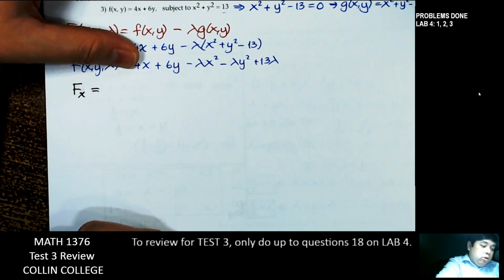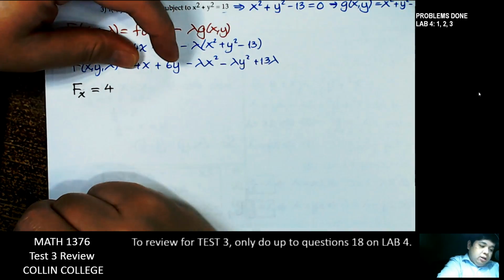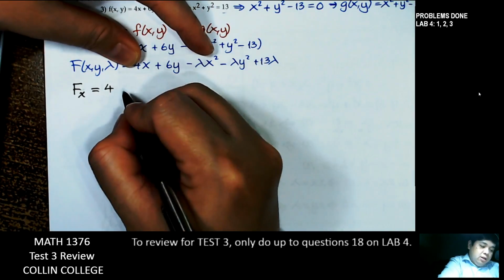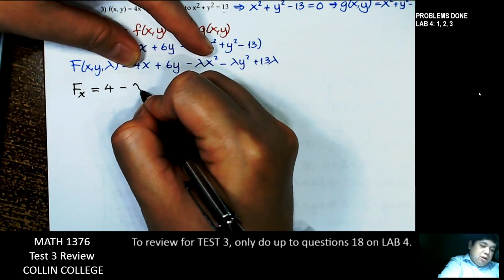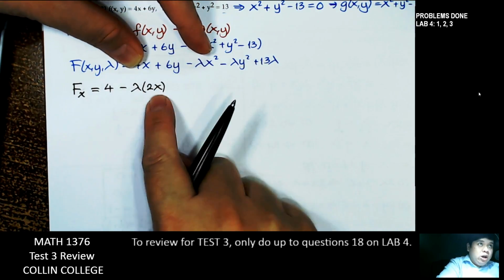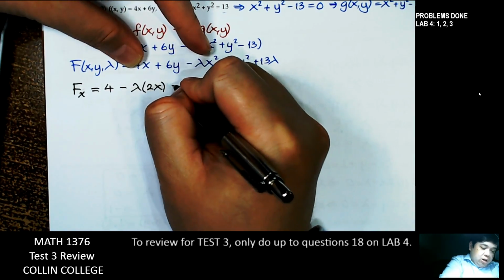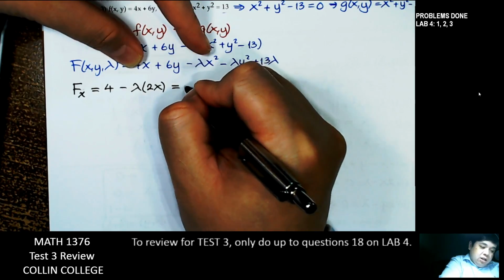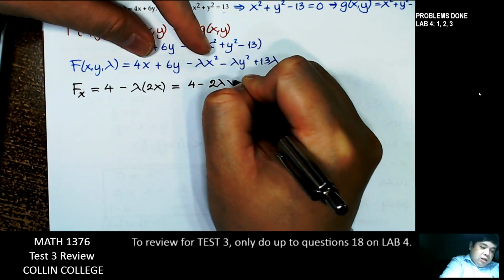All right, take the derivative with respect to x. We have 4 minus 2 minus lambda times 2x. The derivative of x squared is 2x, lambda is a constant. So let's rewrite that as 4 minus 2 lambda x equal to 0.